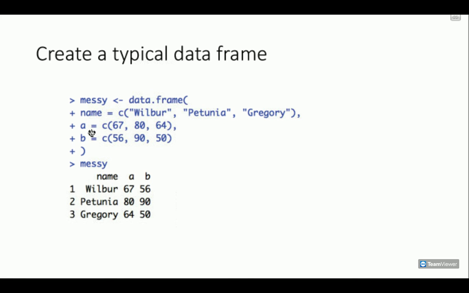I'll tell you in the next slide. And these are some of the values. One column forms the names, and the other columns form variable A and variable B. This is typically the same as what we used in many previous sessions, but now I'm saying that this is a messy data set.